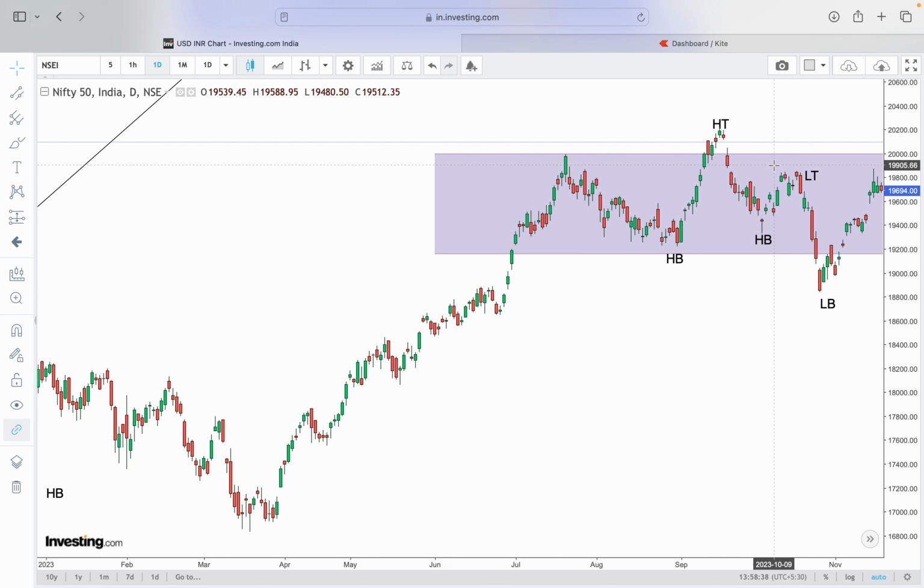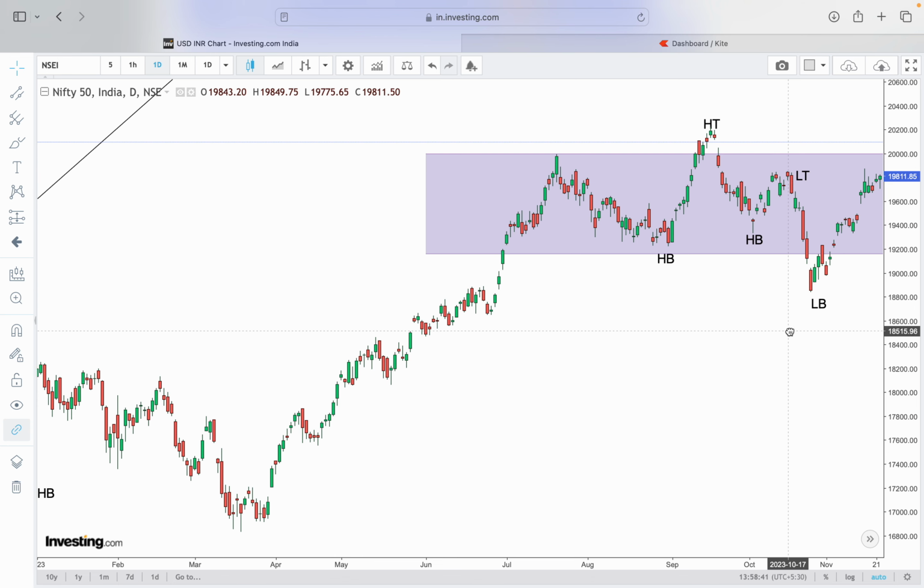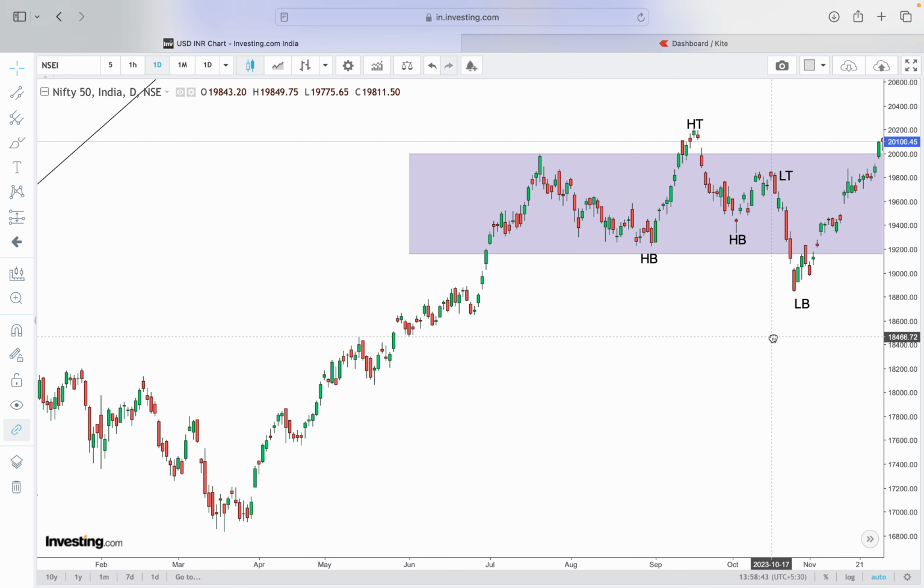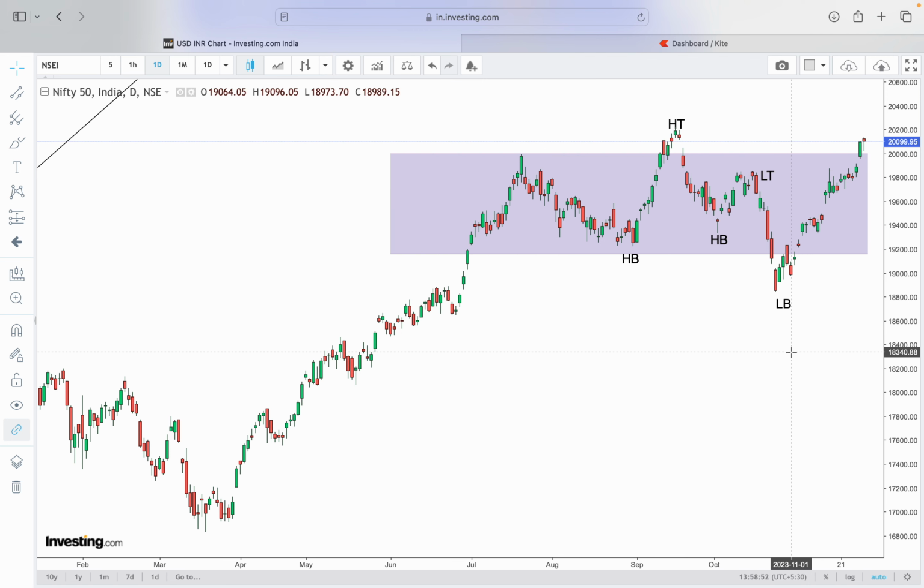Now you would expect this lower top to hold, and then if you would have shorted, you would have again booked a loss. These multiple sells, these multiple breaks of pivots would have now forced you into a net long position on the market.